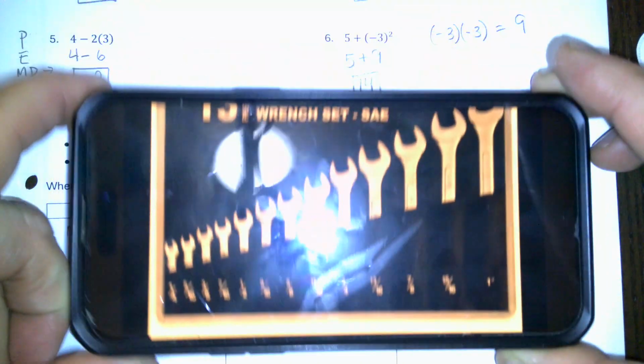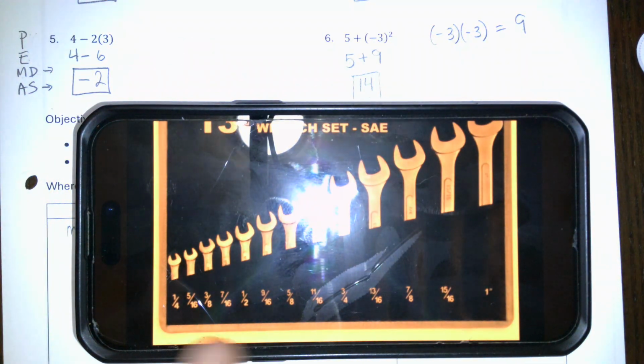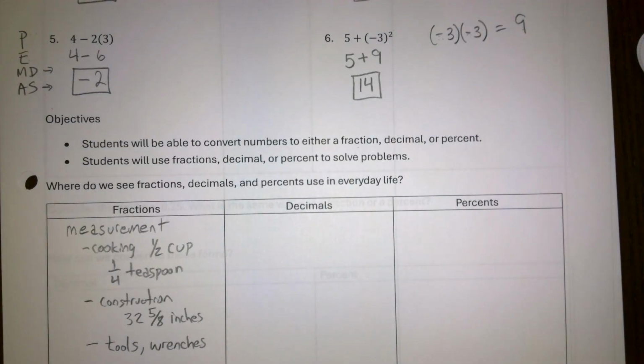In the wrench set, you can see down here at the bottom, these are all fractions. So you have a 1/4, a 5/16, a 3/8, 7/16. Wrenches are often measured in inches, or parts of an inch rather. You can also do them in millimeters, but that's pretty common with tool sets as well.